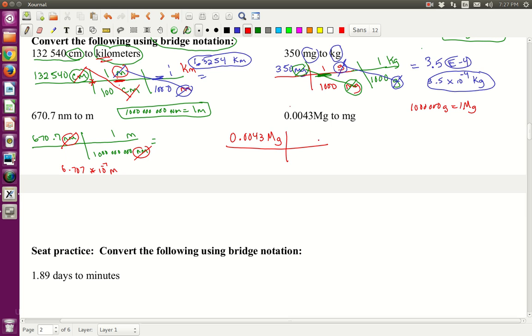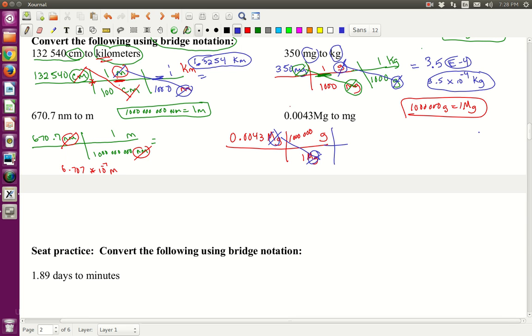First I'm going to convert to the base unit of grams. So 1 million grams, 1, 2, 3, 4, 5, 6. 1 million grams is 1 megagram. See, relationship right here. Cancel out the megagram here and here. And that means if I stopped my math, the unit would be grams. But I need to get down to milligrams.